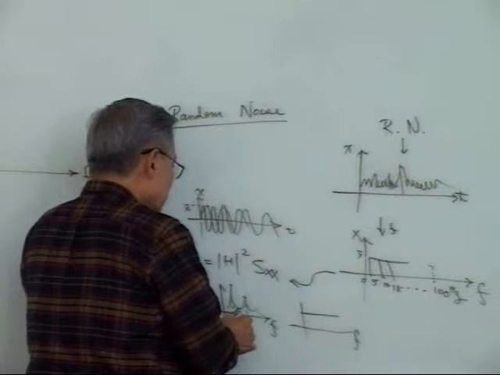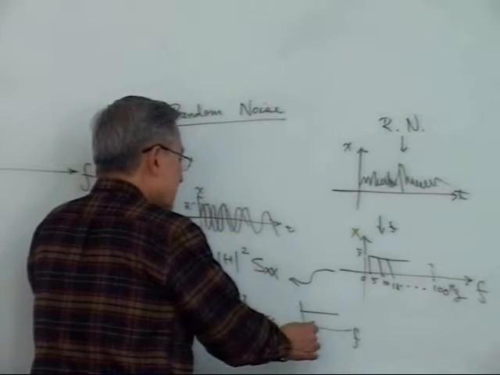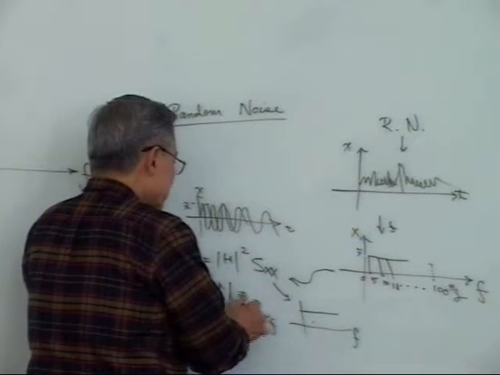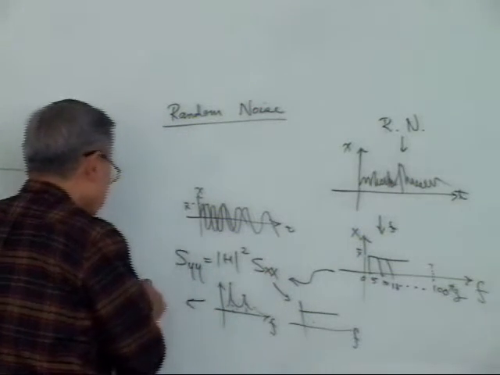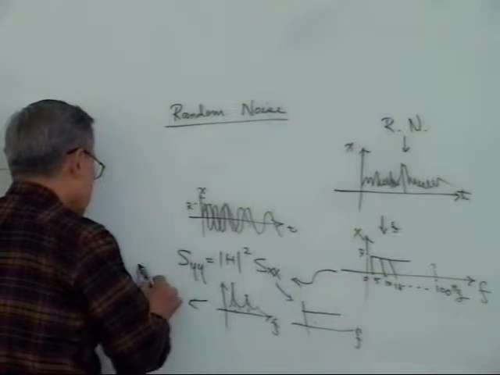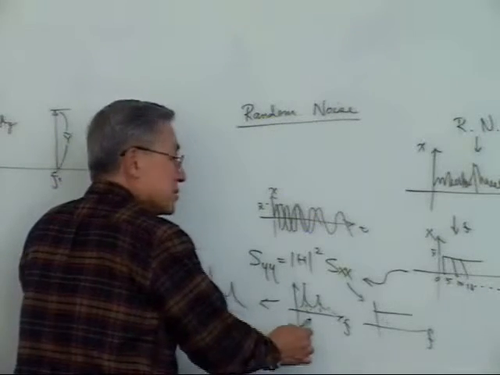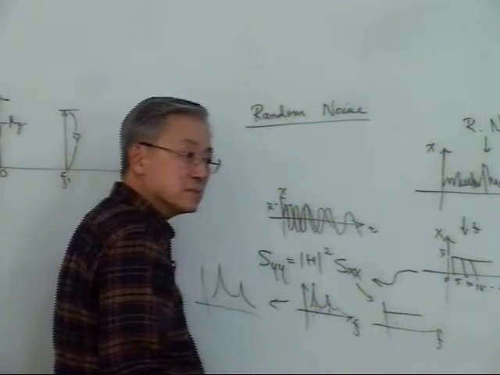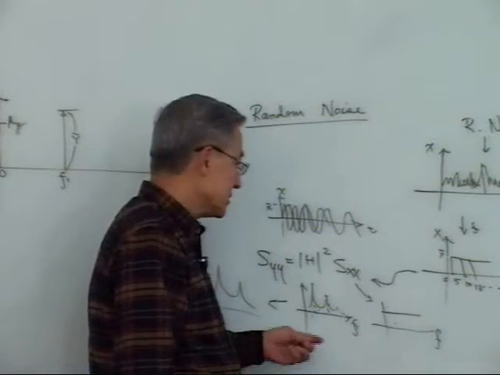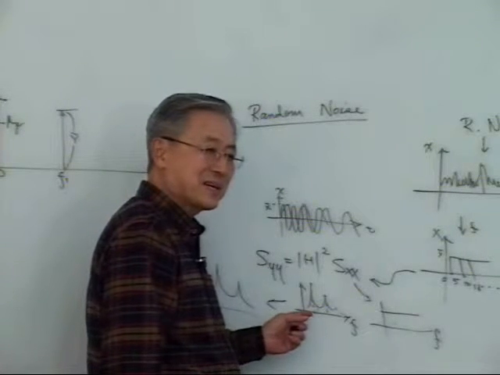So if you multiply this guy to this guy, then the resultant would be similar to this. Make sense? Say yes, makes sense. Okay, that's good.